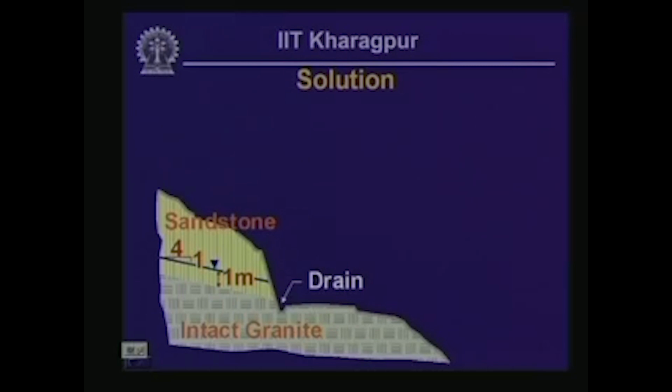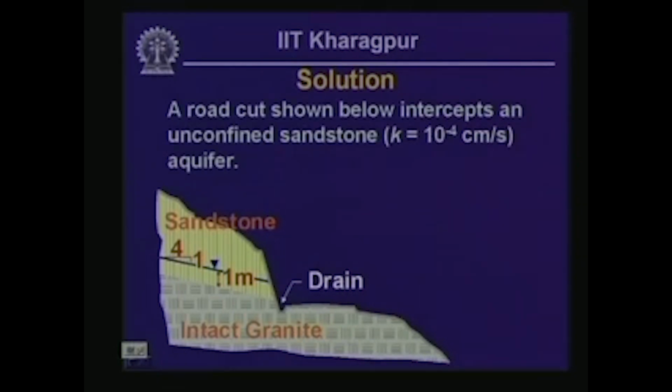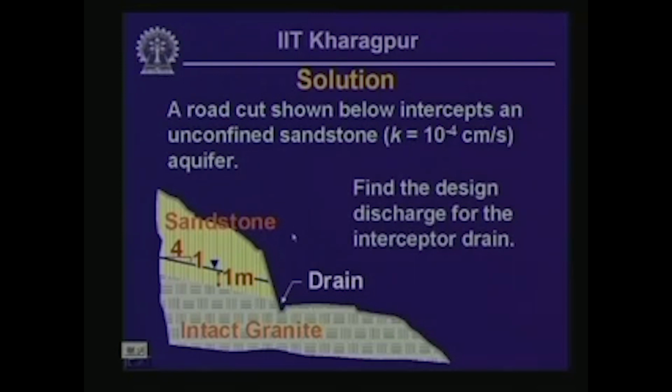The permeability of the sandstone aquifer was 10 to the minus 4 centimeter per second, and I asked you to find the design discharge for the interceptor drain.